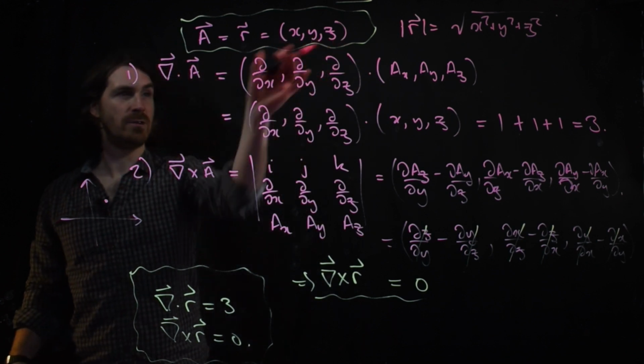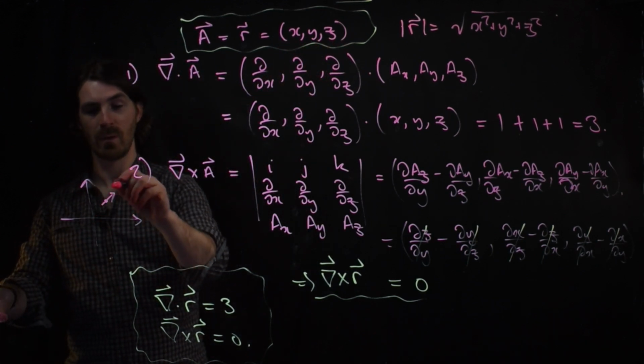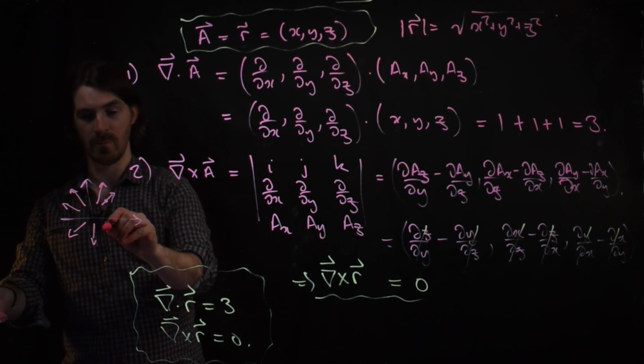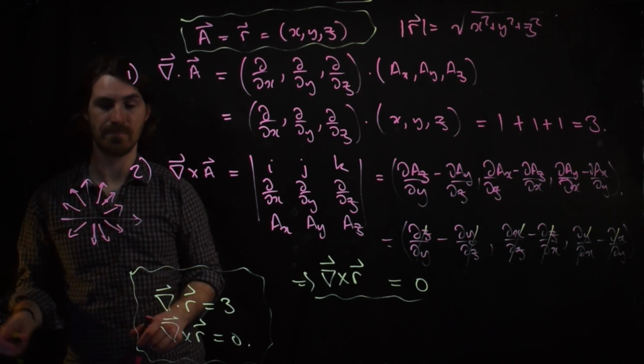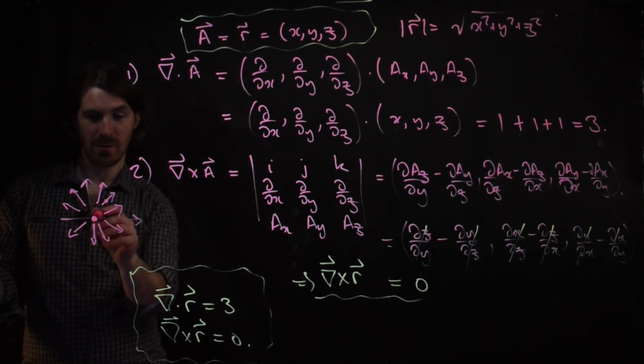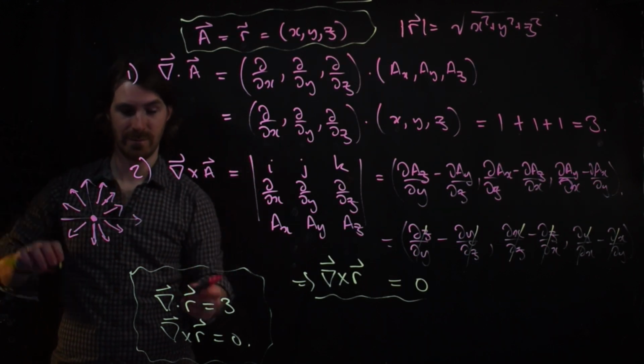It's a vector x, y, z, so it points like this, radially outwards. If you look at these lines, they indicate that there's some kind of source. There's something at the origin from which things are emanating.